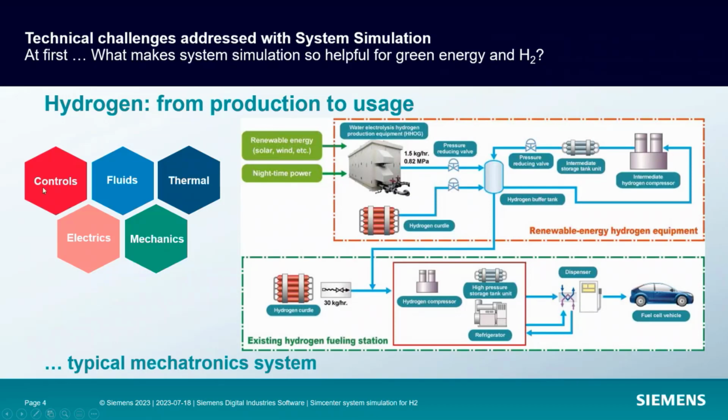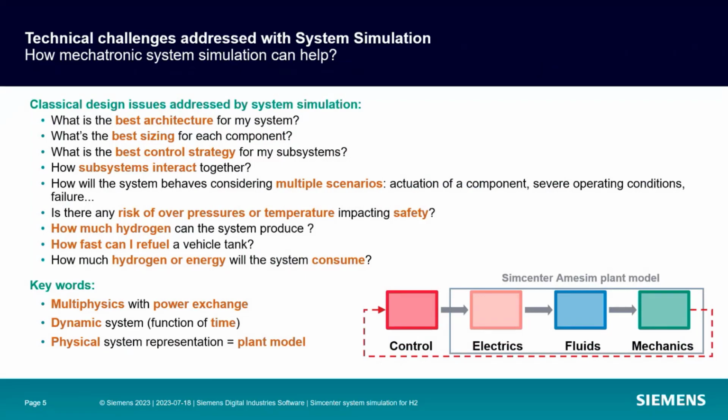So it's a typical mechatronic system. And typical questions that you can answer using system simulation are, for instance, what is the best architecture for my system? What is the best sizing for each of the components? What is the best way to control my system and the different subsystems? You can, thanks to system simulation, better understand how subsystems interact together, and especially in very complex systems.